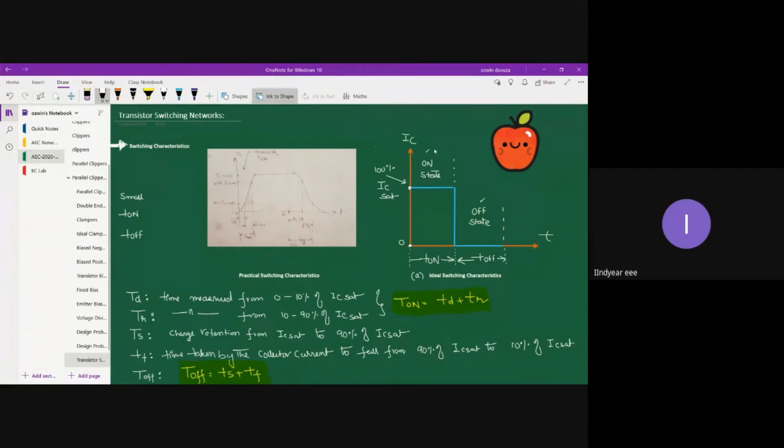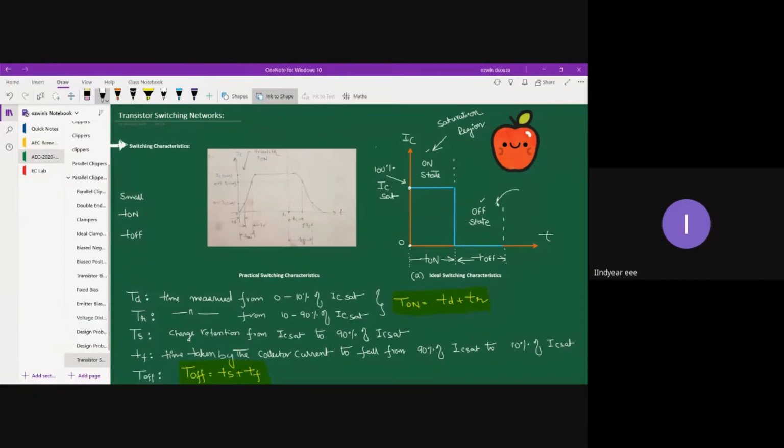We have already seen that in the saturation region the current is maximum and voltage is zero, because the saturation region is analogous to a short circuit phenomenon. So on condition means saturation region.